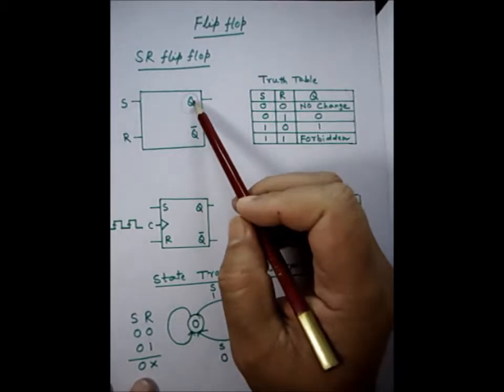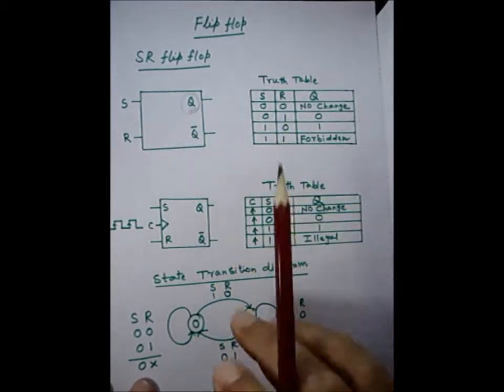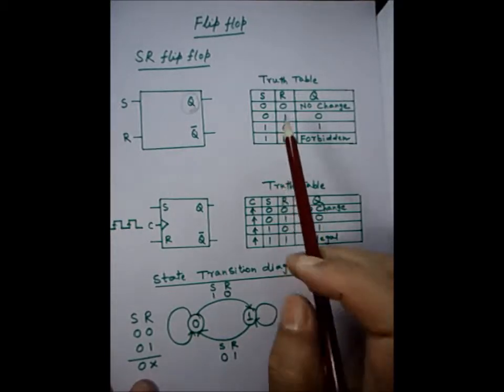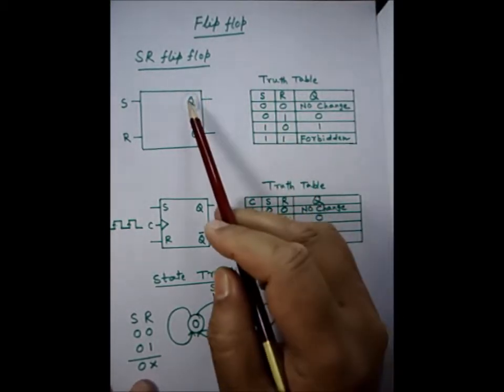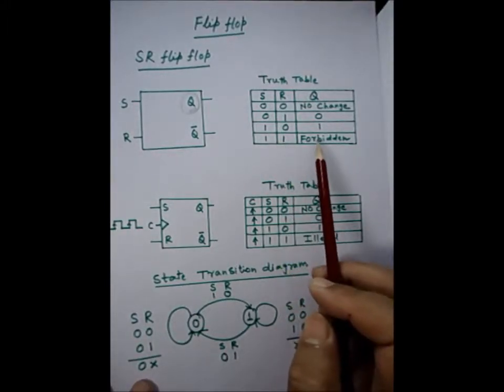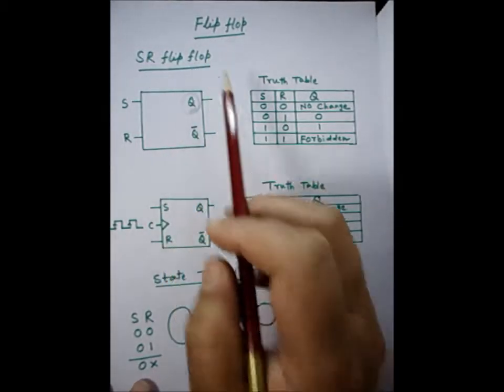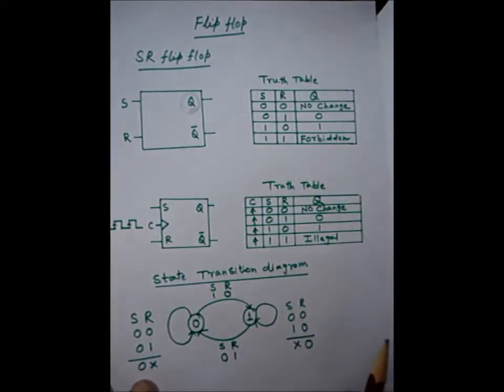If it was 1 before, it will become 0, and if it is 0, it will remain 0. In the other case, S equal to 1 and R equal to 0, it will become 1. The last is 1, 1. In that case, it is not allowed. This state is not allowed in an SR flip-flop. Therefore, I have written here forbidden. It is illegal.